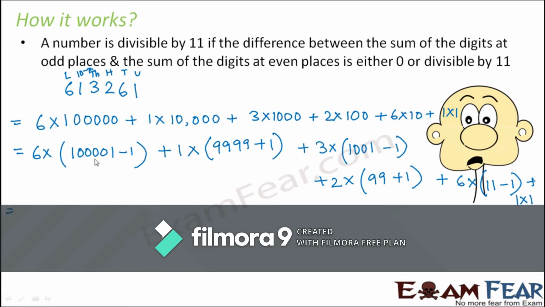So now let us remove these brackets and break the terms by the distributive property. A into B minus C can be written as A into B minus A into C. So let us do that.